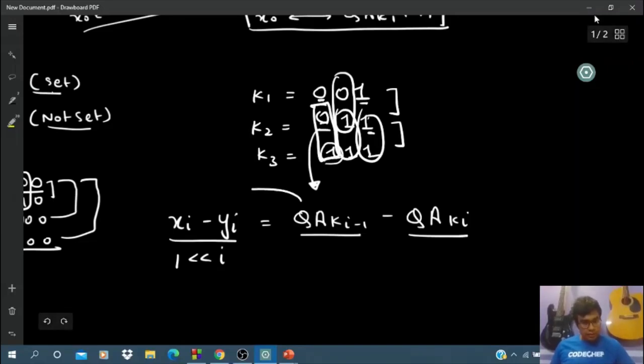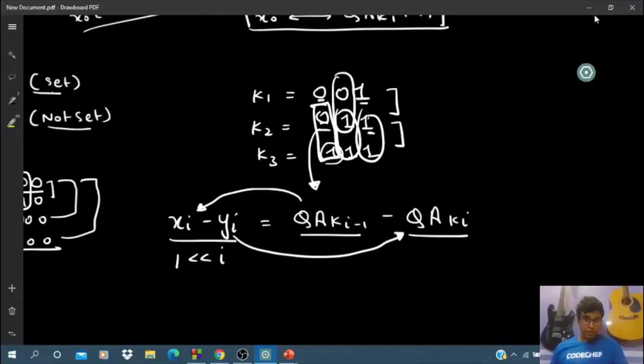So this value corresponds with xi, and this value corresponds with yi, because the number of xi's will be correlated with qa of k of i minus 1, because qa of k of i minus 1 will have this ith bit as 0, and qa of k of i will have the ith bit as 1.